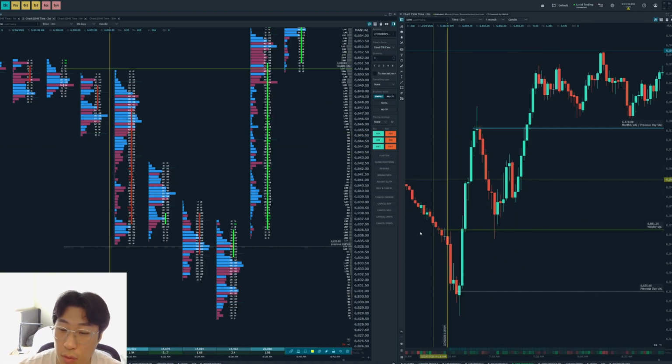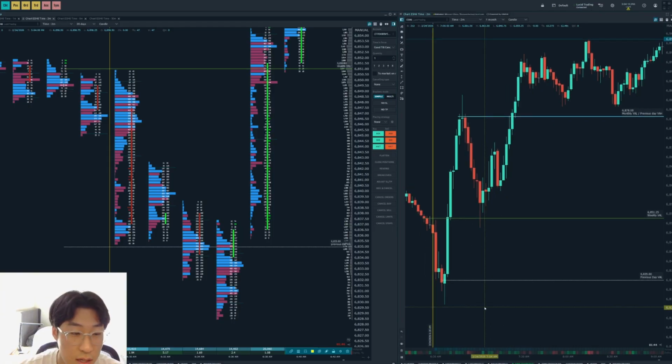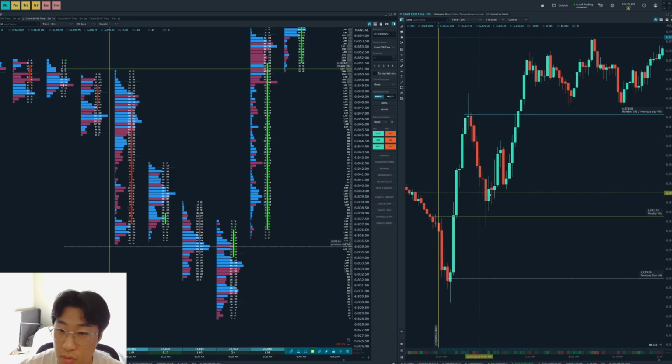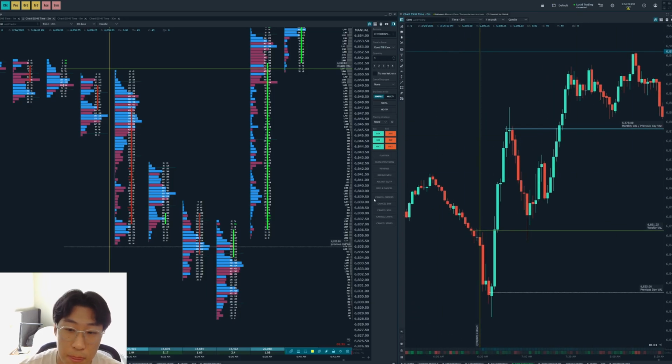So looking on the right side here first, we see that price initially opened below the weekly value area low, sold off, and we were approaching our key level here at 68.35, looking to take a breakout at this level. You can see that price formed a doji and bounced aggressively, and we actually ended up trending up for the day.